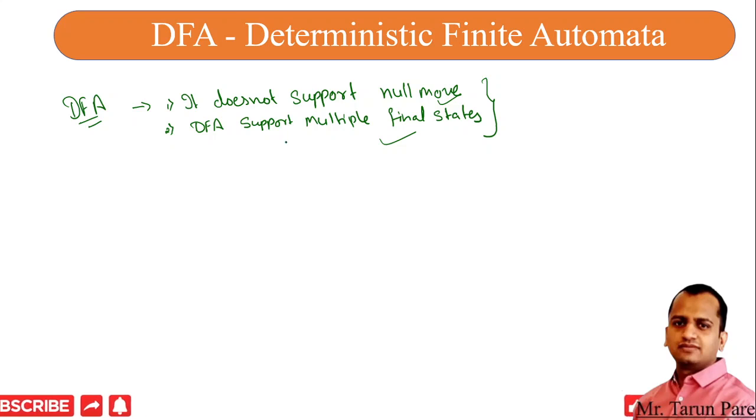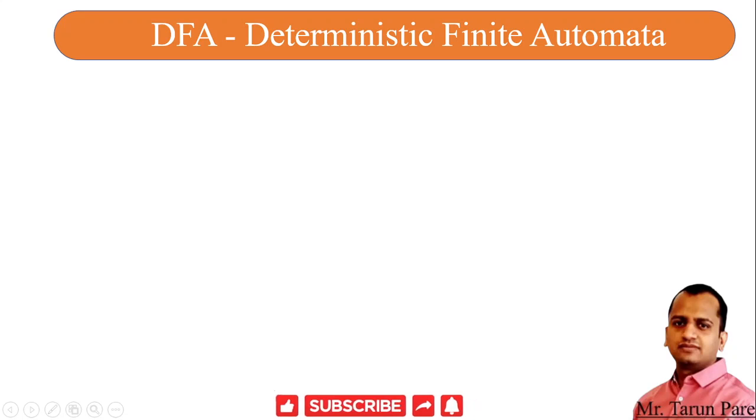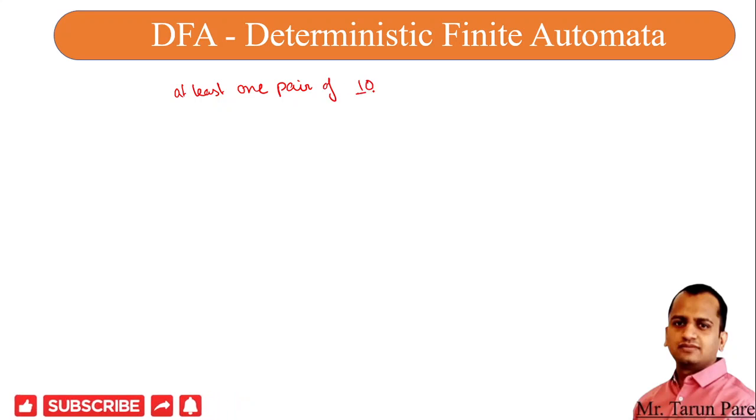Now let me do an example so that it will be easy for you to understand. Suppose you want to pass the string which contains at least one pair of 1 0 in the string.